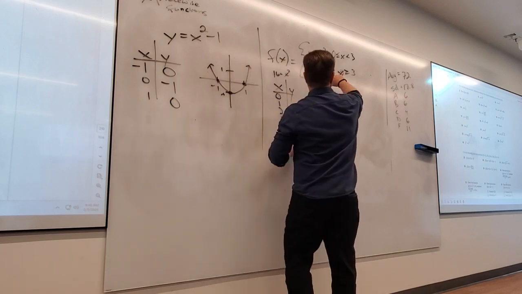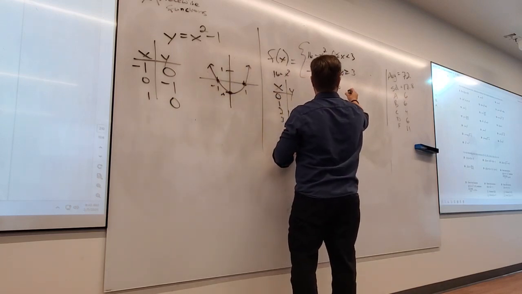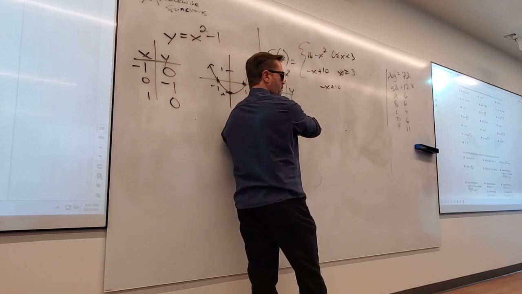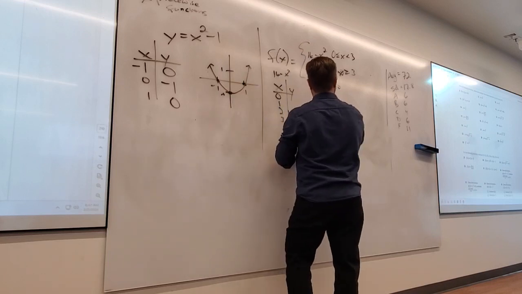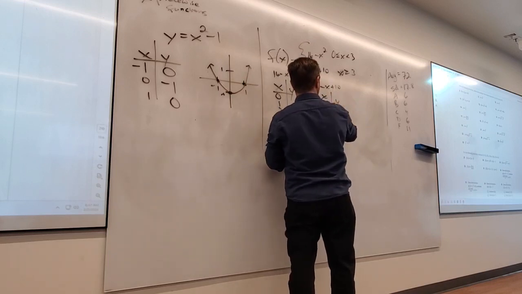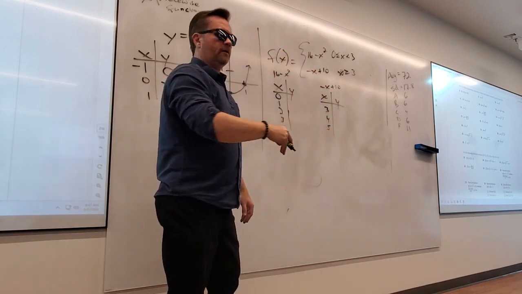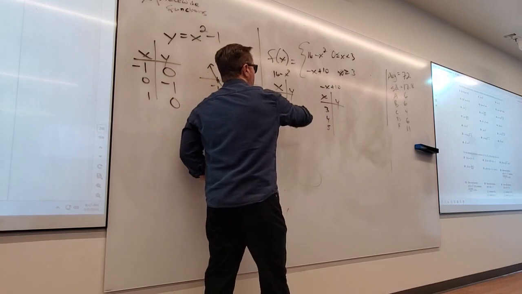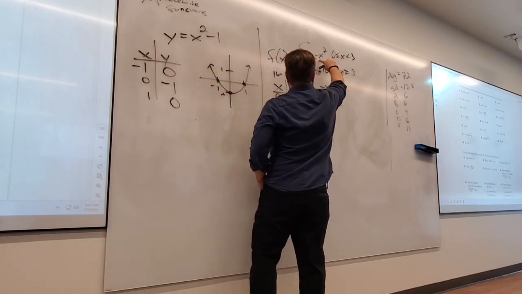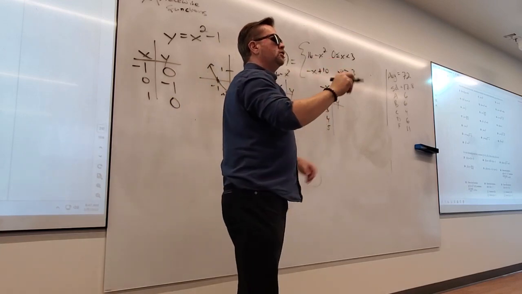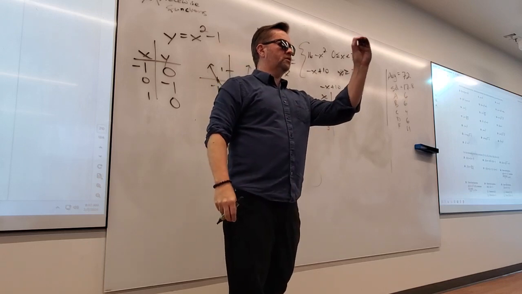And then, when does negative x plus 10 take over? 3 doesn't work, right? Yeah, good point. I'm going to talk about that in a minute. Negative x plus 10 takes over at 3, so I can put a few more things in after that. This one is not allowed to be used in that function, but I still want to know where to put the open circle.